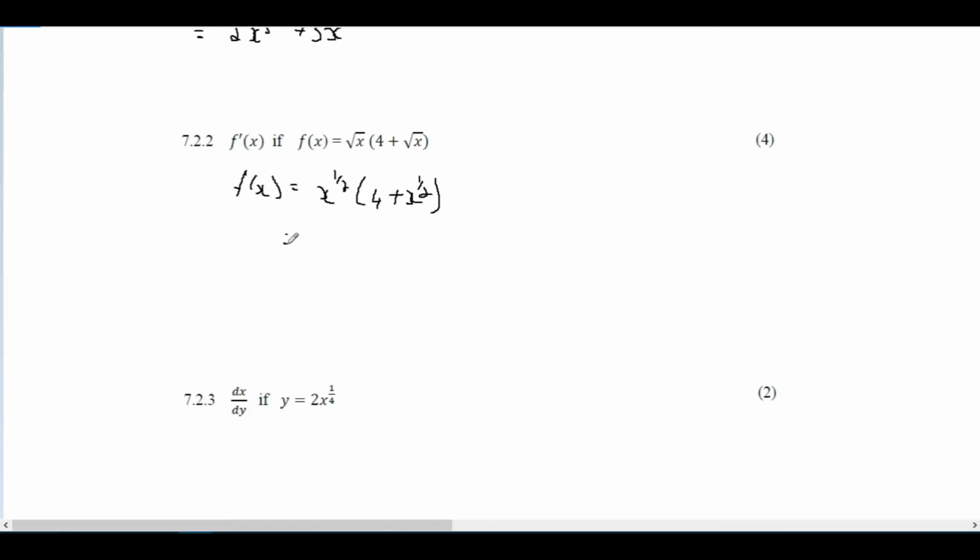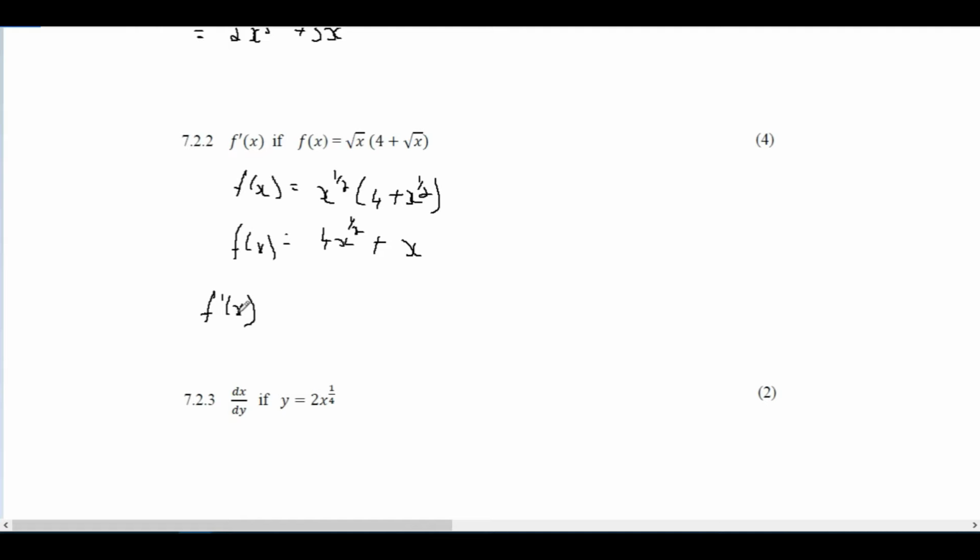Right, and then we're going to multiply in, so we're left with 4x to the half plus x, and remember when we multiply and the bases are the same, we add exponents, so it becomes just x, since half plus half is 1. And then remember this is our f of x, and from here we can determine f prime of x.